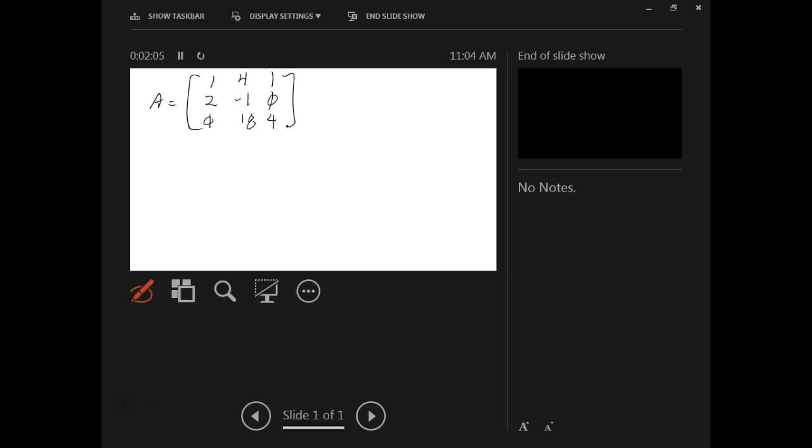Now, one of the first things generally to do is to look at the rows and columns to see if any are multiples of the others. A 2 by 2 is going to be really obvious.